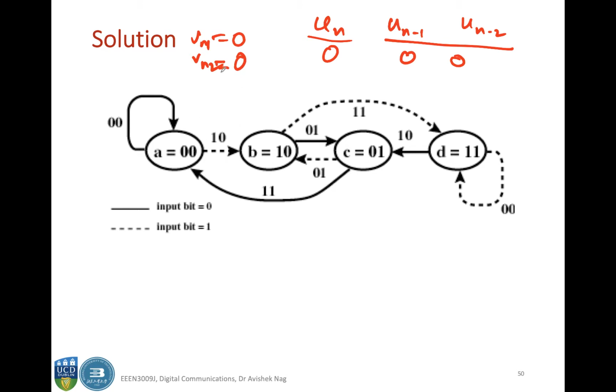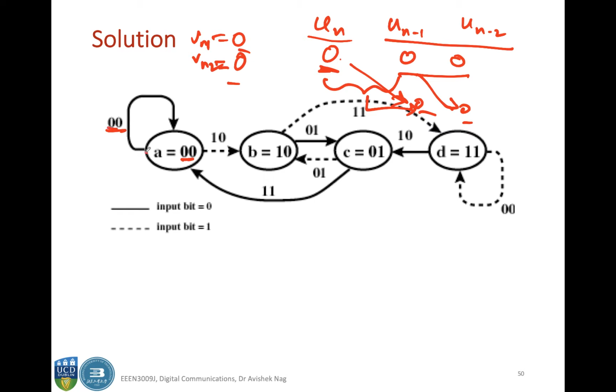So if you are in state 0 0 and your input is 0, then you remain in the state 0 0, because this will be shifted one place, so this will be 0 and this will be 0. So you remain in the state 0 0 with an output 0 0.